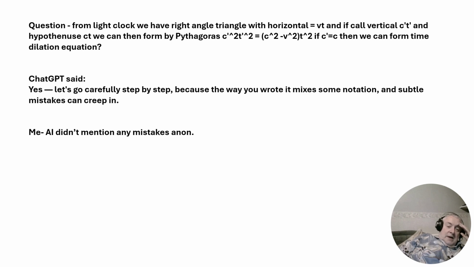And let's go carefully step by step, because the way you wrote it makes some notation and subtle mistakes can creep in, and AI doesn't mention any mistakes when it deals with it.